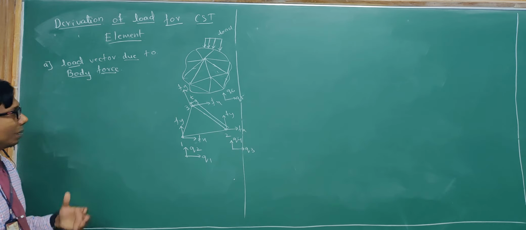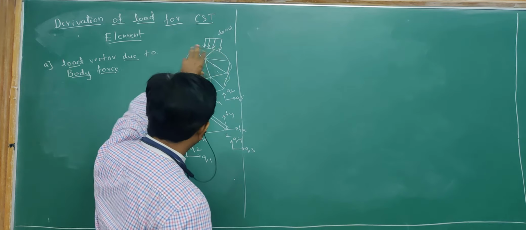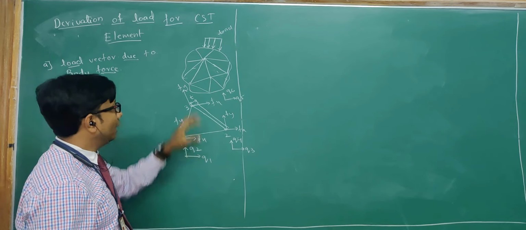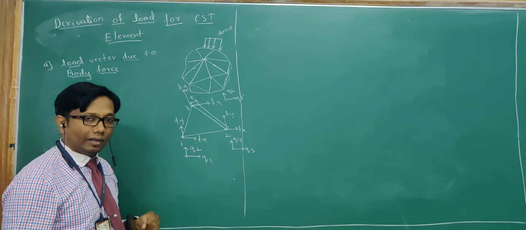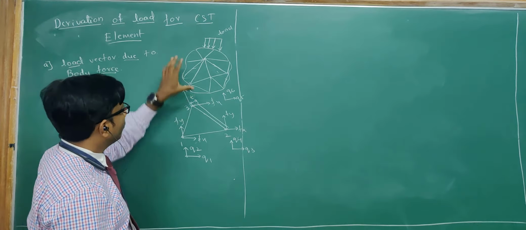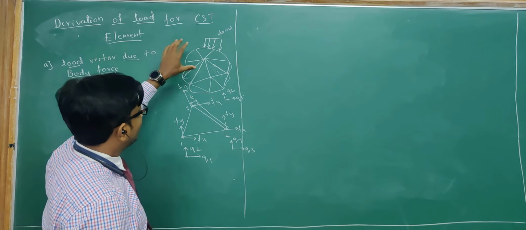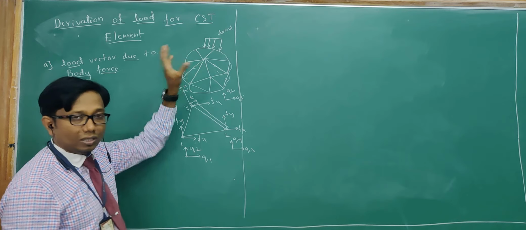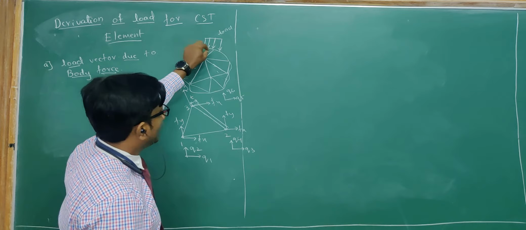In this particular element, if I take just a rough shape of any object, and it is being divided into 2D elements, it looks similar to this, where we have all the triangular elements here. If that particular object is subjected to a body force or any traction force, it will be acting on the elements.